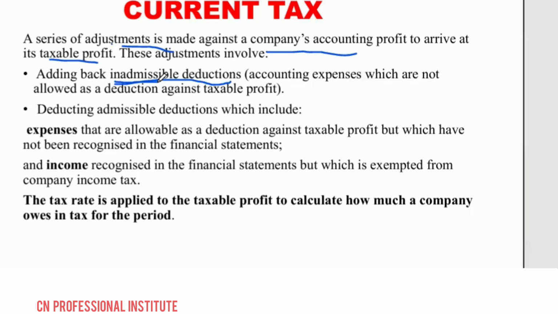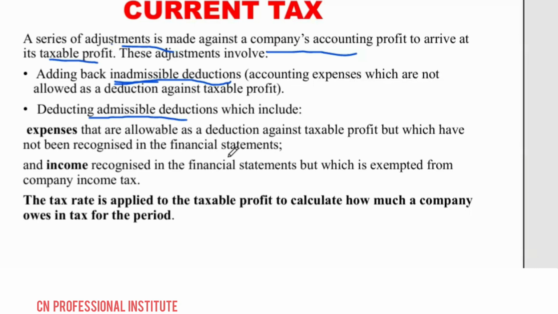It's very simple. Don't be scared with this admissible, inadmissible. It's nothing. They're just saying we deduct expense to get profit. So expense that you have deducted but are not allowed, add them back. Then it says you should deduct admissible deductions, which include expenses that are allowable as deduction against taxable profit but have not been recognized.